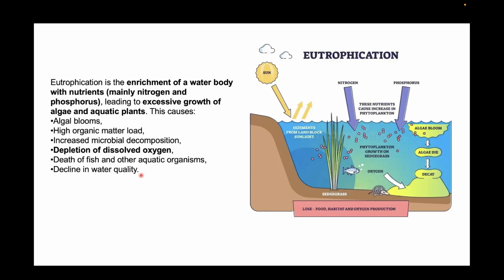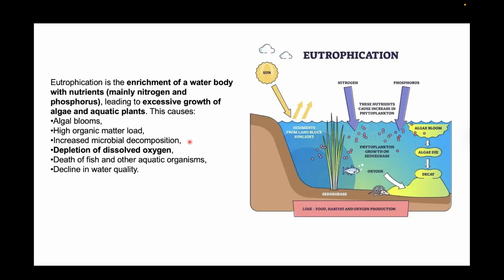Organic matter is high in the water. Then the microbes present in the water also start decomposing this organic matter, thereby consuming oxygen, creating a depleted oxygen environment, due to which there is death of fish and other aquatic organisms, and the water quality is reduced.